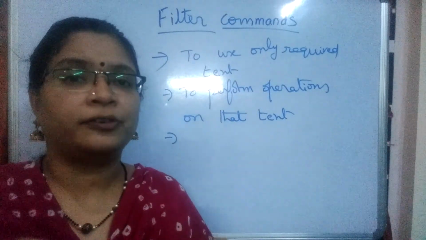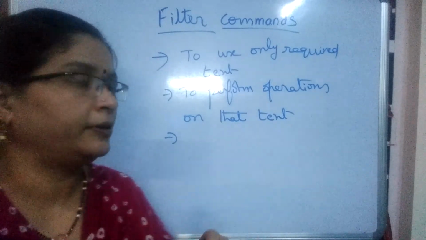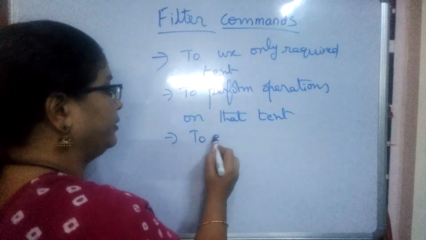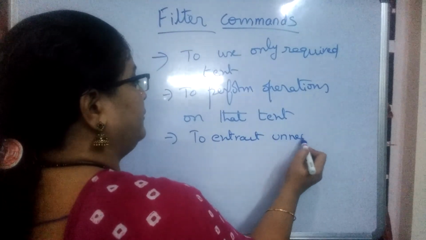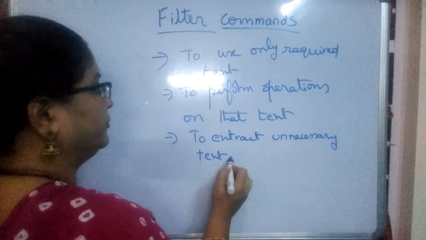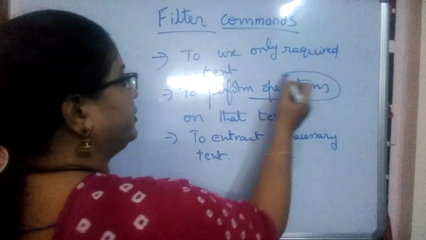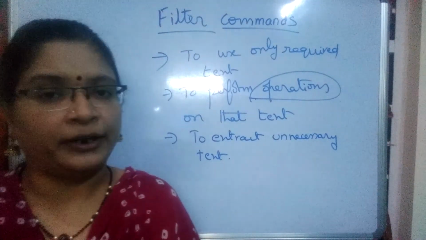To extract only whatever information is required for us, we filter out the unnecessary text, and to perform certain operations. For all these things, we are going to use these filter commands.